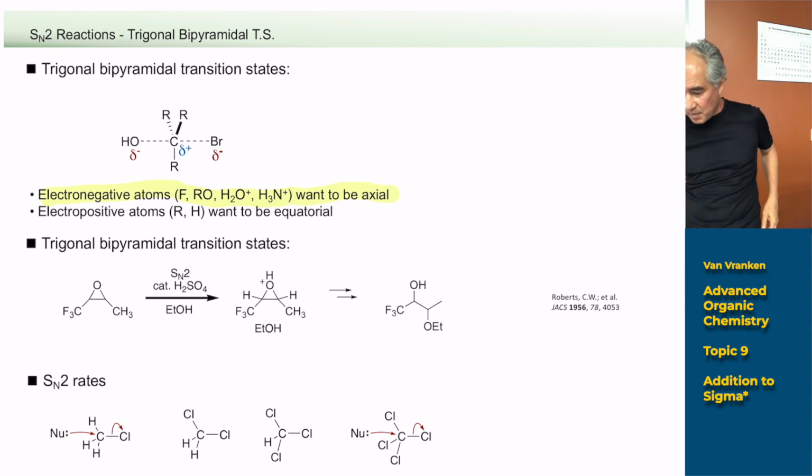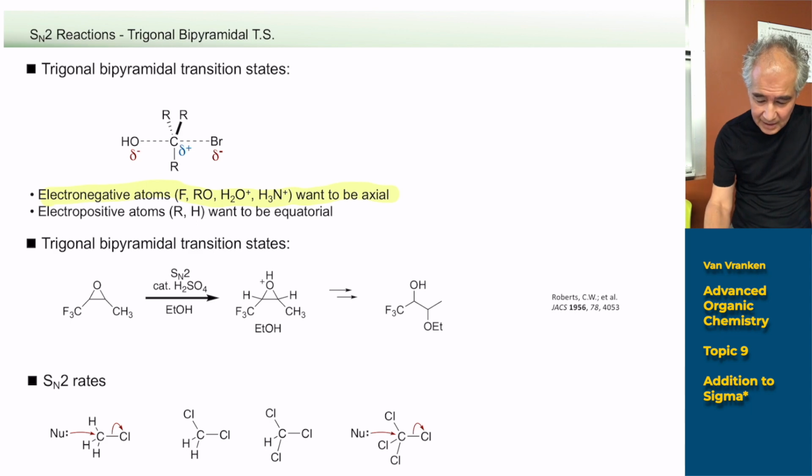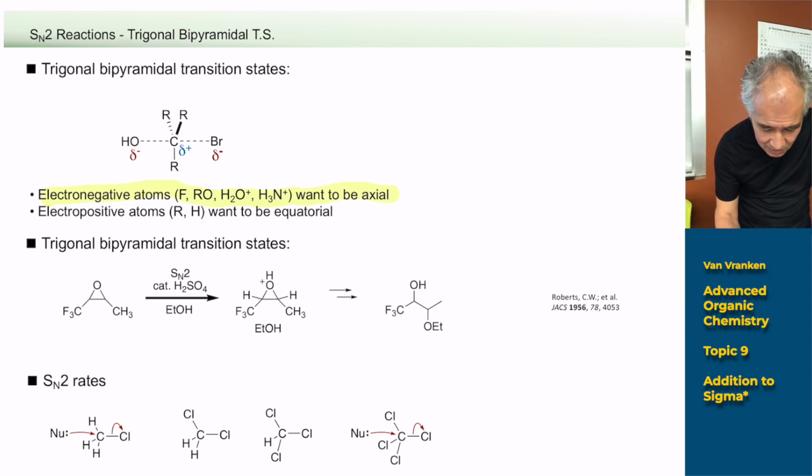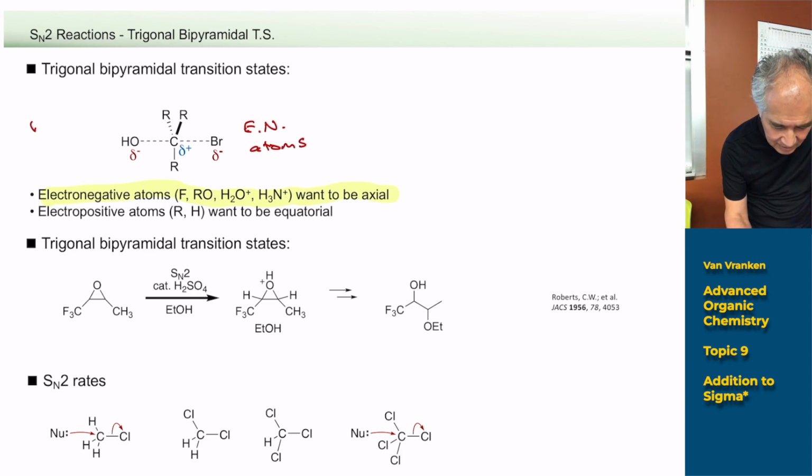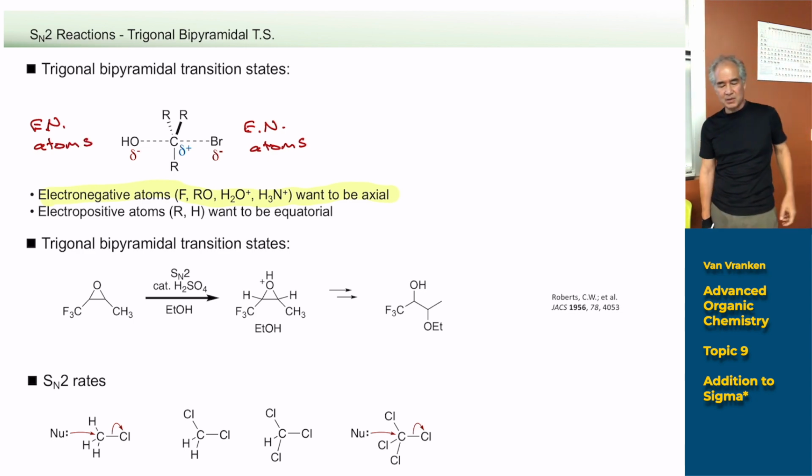That's where you want electropositive substituents. So again, it seems kind of obvious. This is where you want electronegative atoms here at the axial positions with those long bonds on the axial positions. This is preferred stereoelectronically. It's certainly preferred because the sigma star orbital is big on the back end.